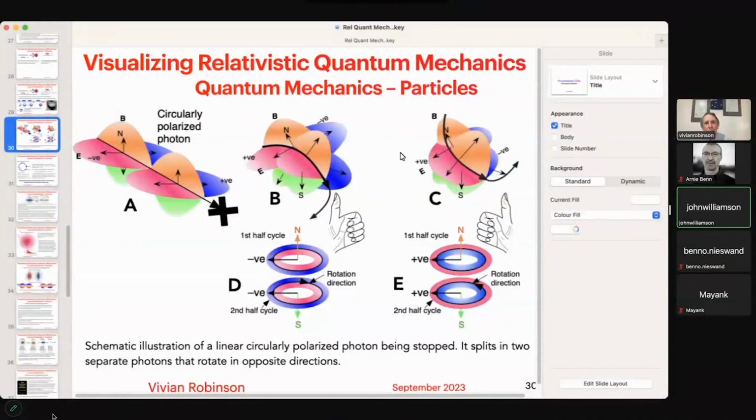Okay, well, we go back to this situation. This represents the circularly polarized photon coming in. It just gets compressed together. When they're compressed together, the magnetic fields just overlap.